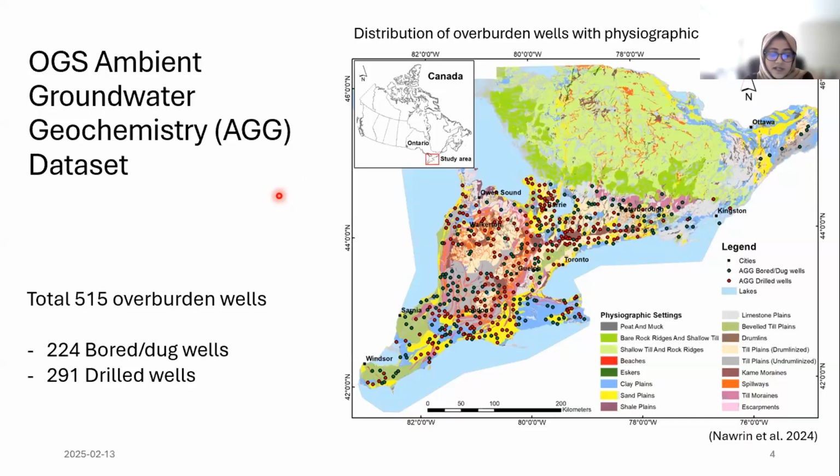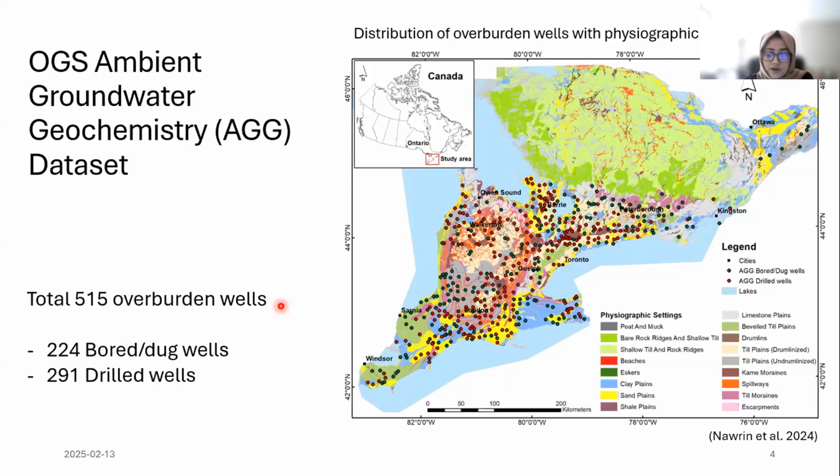This extensive AGG dataset contains analytical data, well depth, well location, type of well construction, and many other parameters for approximately 2,300 groundwater samples collected from domestic, farm, and monitoring wells that are tapping into both overburden and bedrock aquifers. Our study focused on this AGG dataset for 515 overburden wells.